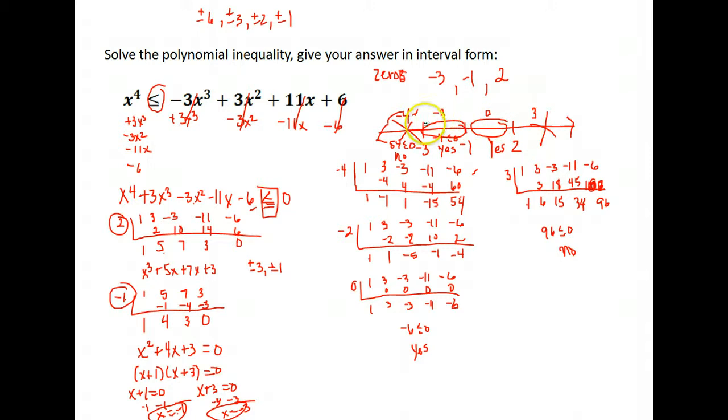No, it's definitely not. So this is definitely not part of my answer. So my answer is these two sections from -2 to -1 and then from -1 to 2. Now what we want to check and see is whether we're including this -1 and we just have one long interval, or if we're not including the -1 and we need to break it into 2 pieces. To decide that, and to decide what brackets to use with your interval notation, you go back and you look at your inequality sign here.